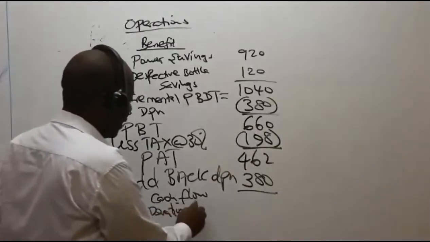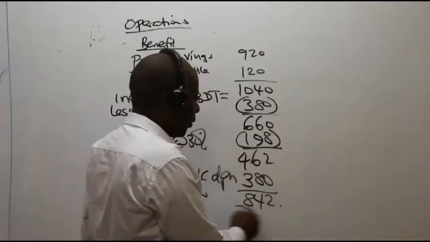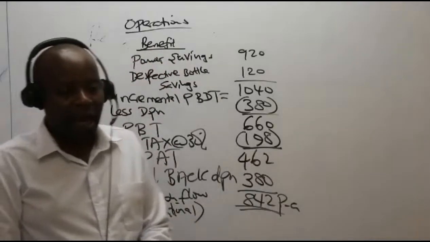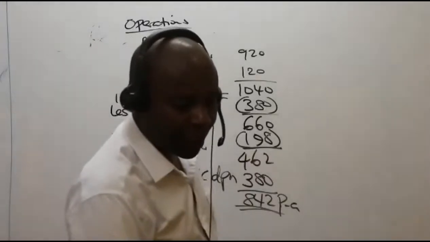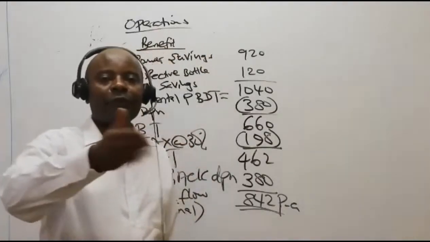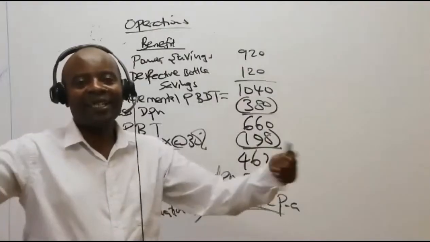Somebody says 842. 842 per annum. So the moment I get that, I have taken care of the operational cash flows for the 5 years, because they are annuities, regular.